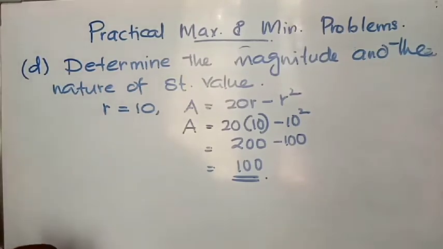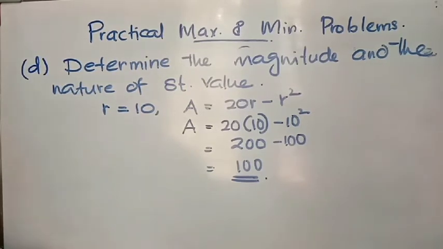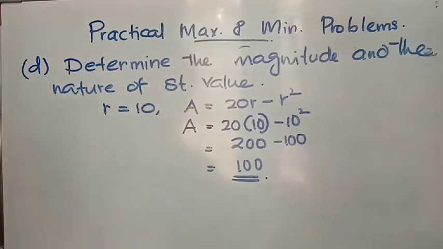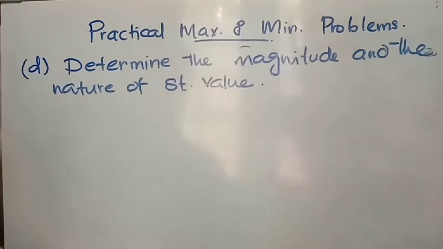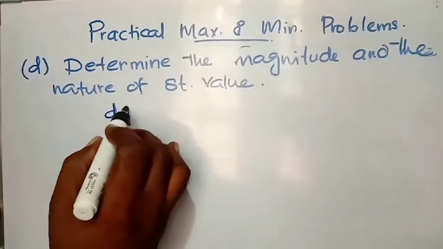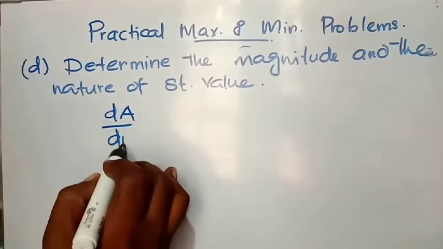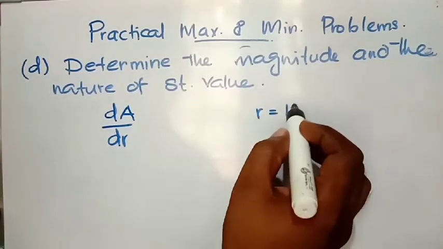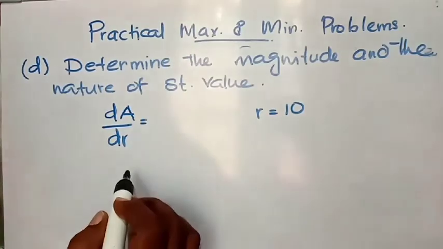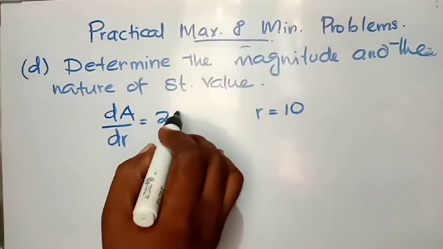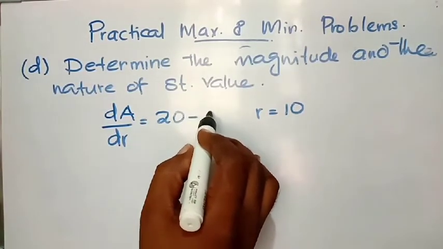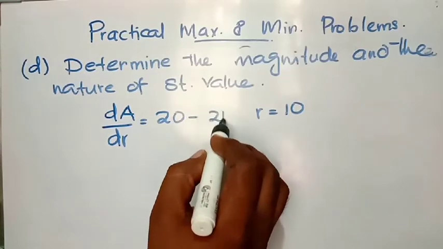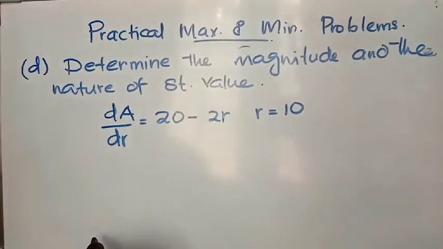Now we need the nature of the stationary value. Remember how to find the nature of a stationary value, whether it is maximum or minimum. For that, let us take dA by dr and the value of r as 10. What is dA by dr? It is 20 minus 2r, isn't it?